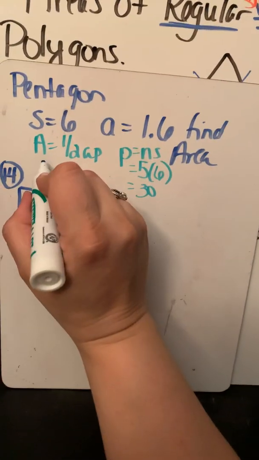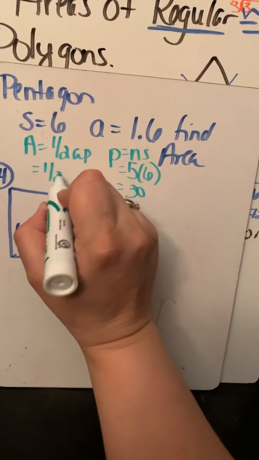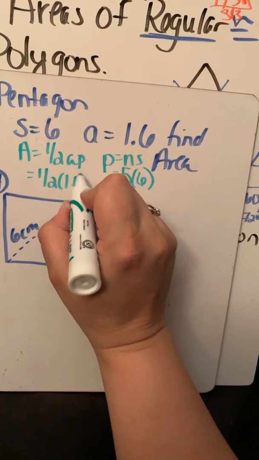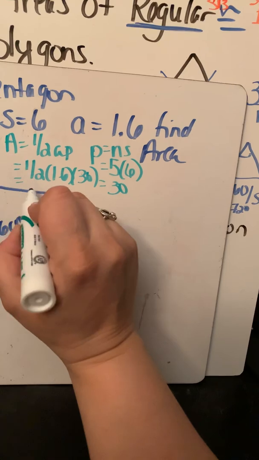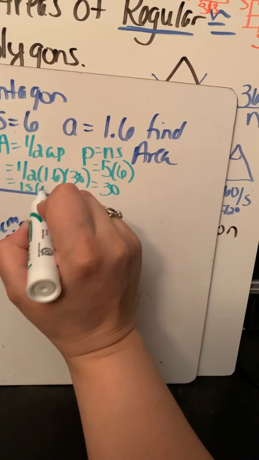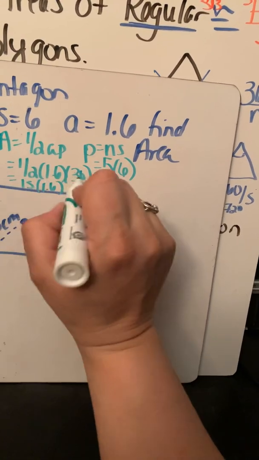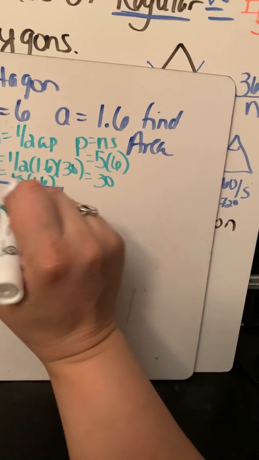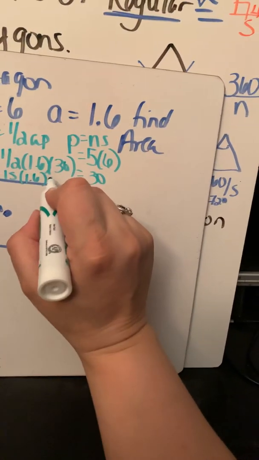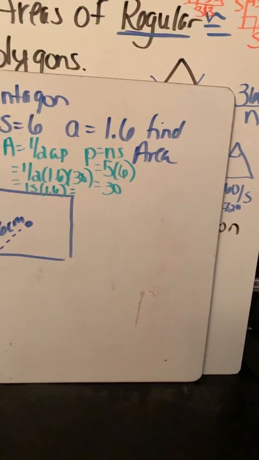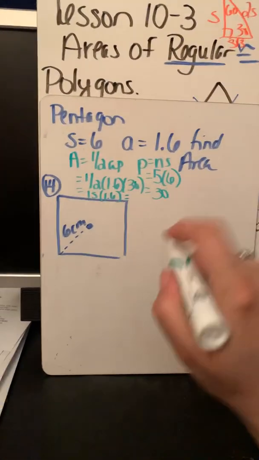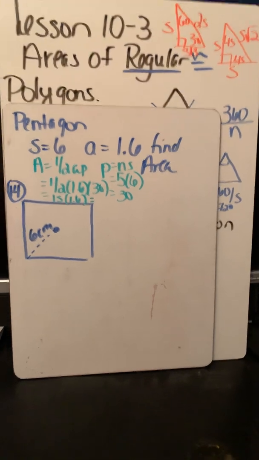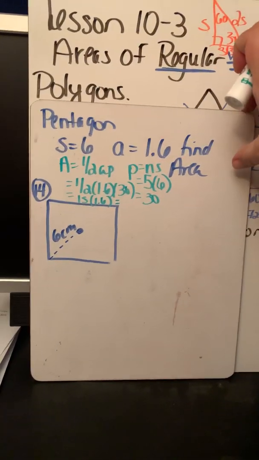So now when I plug in, I'd have 1/2, my A is 1.6, 30. So basically I'm going to be taking 15 times 1.6. How did I get 15? I just took half of 30. And you guys will take the 15 times 1.6, and that will give you what your area is. And always make sure you do it like units squared. Okay, so that's an easy way to find just the basic ones.